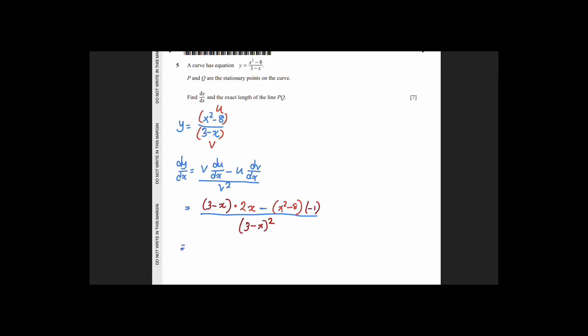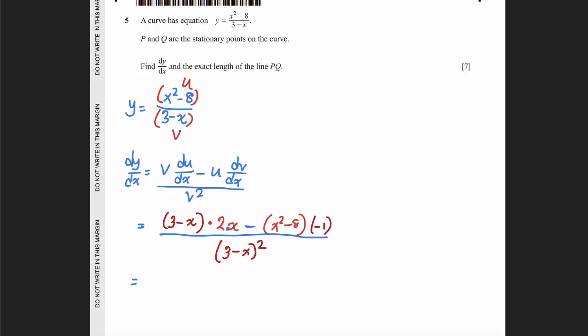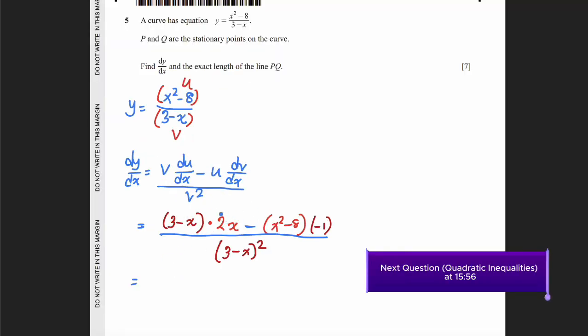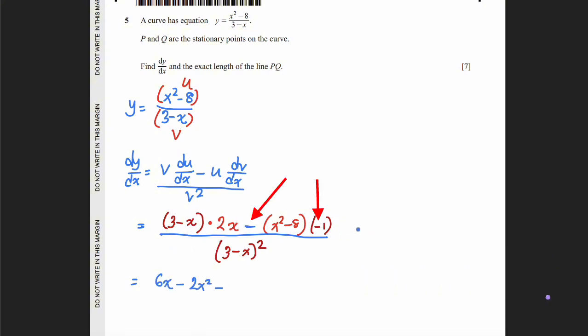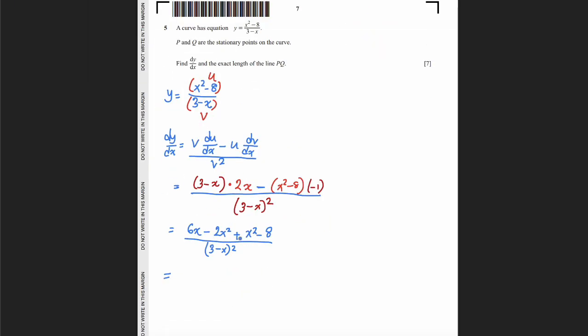Now, for my mental well-being, I'm going to simplify this a bit, not much. So we're going to distribute 2x over on these terms. This minus and this minus completely cancel each other out, so then we simplify this normally. Okay, so this is our dy/dx.